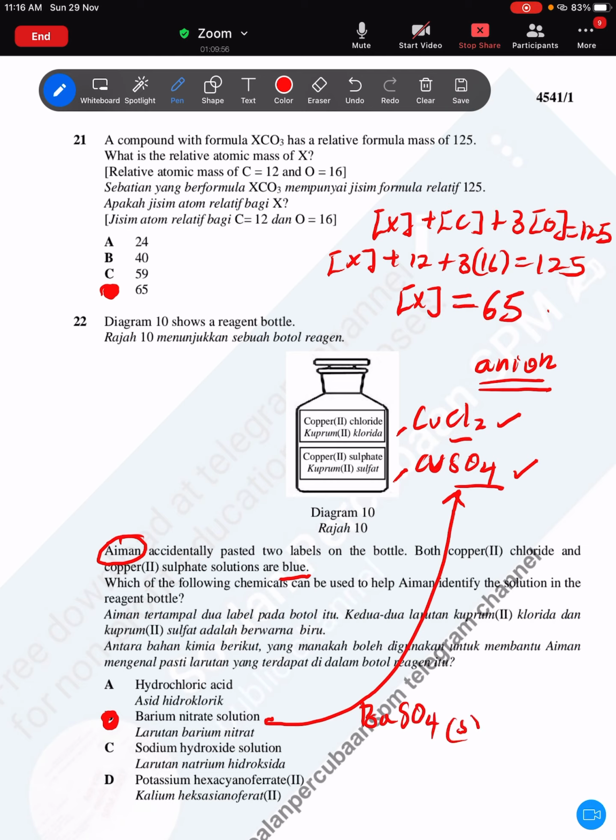But if you use barium nitrate with the chloride, it forms barium chloride, which doesn't show any significant difference. So the answer will be B, because one forms a precipitate, the other one doesn't. After this, I will teach you the magic triangle.